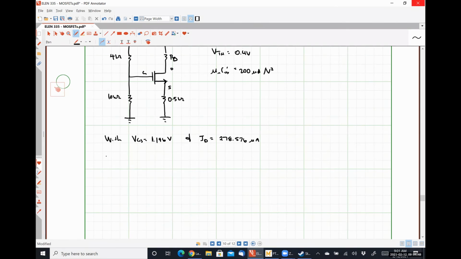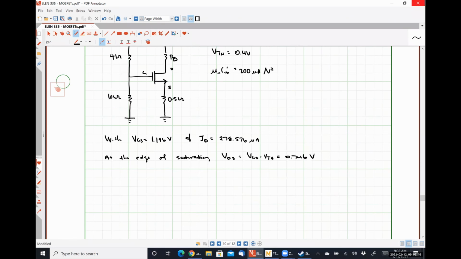At the edge of saturation, VDS is equal to VGS minus VTH, which is 0.746 volts for our threshold voltage of 0.4 volts.